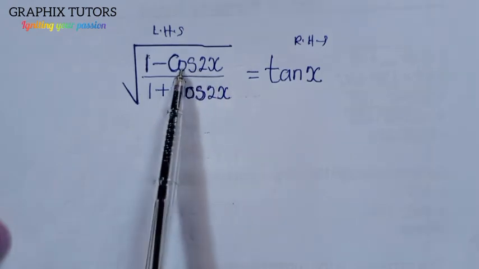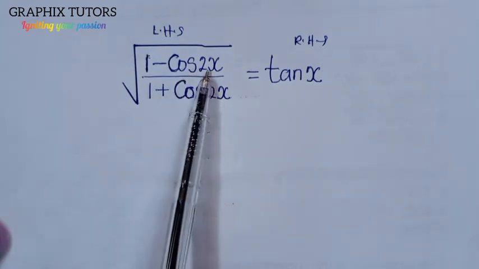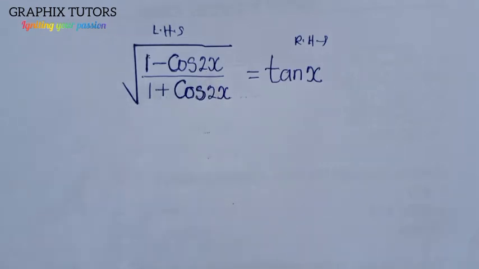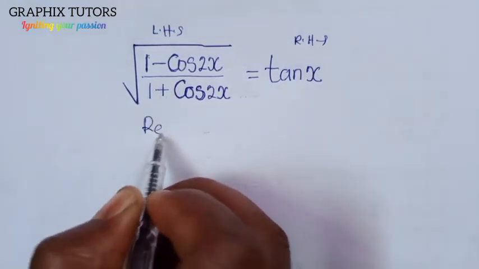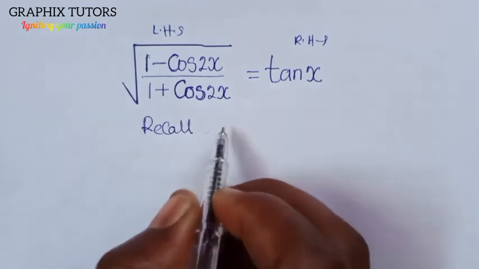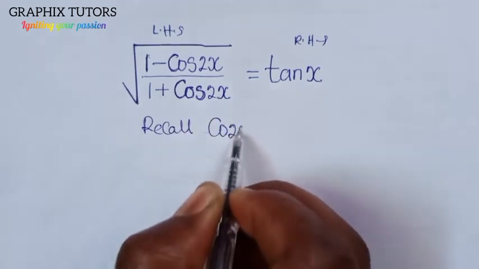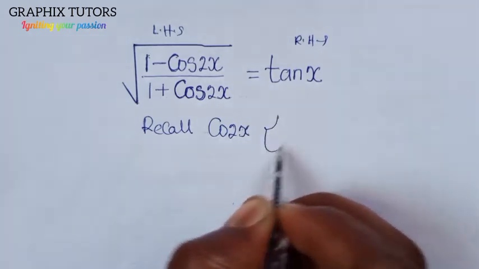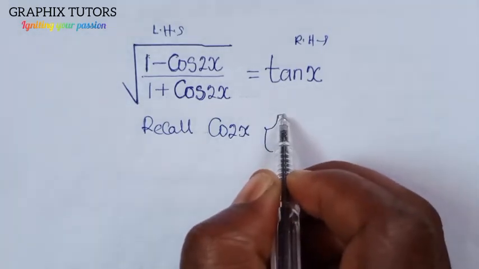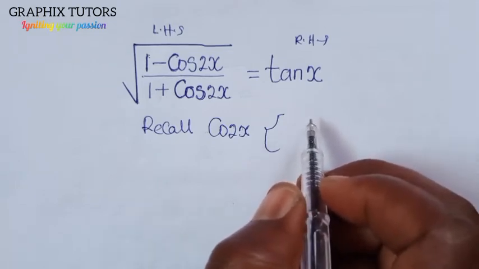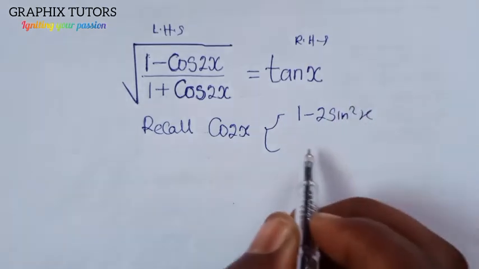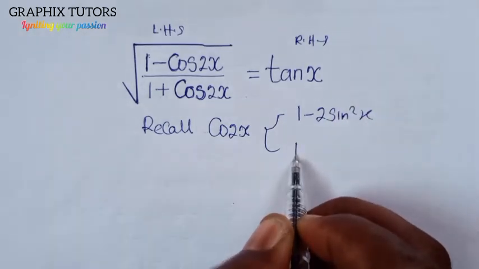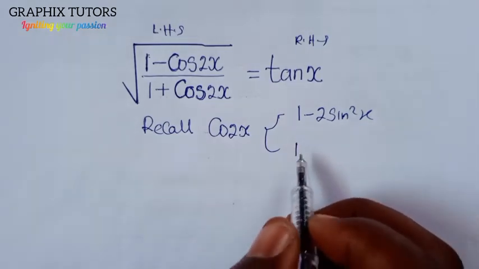Now you see what we have here. The keywords, we have cos 2x, and the cos 2x is a double angle. If you watch my previous video, I showed you what a double angle is, right? So what you simply do, you write that recall, cos 2x can either be 1 minus 2 sine square x or 2 cos square x minus 1, right?